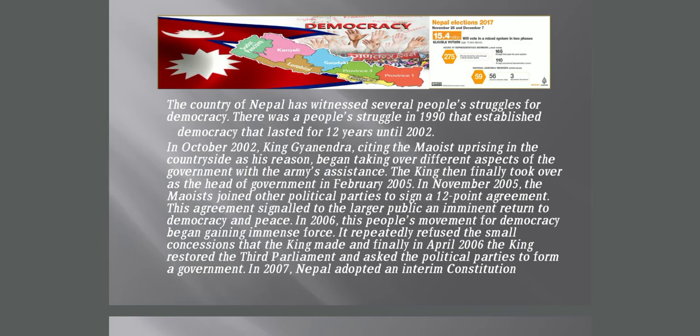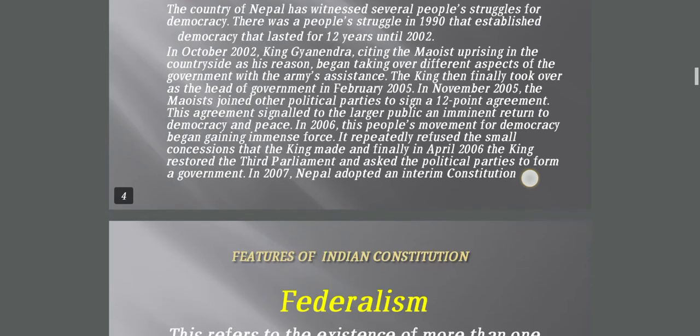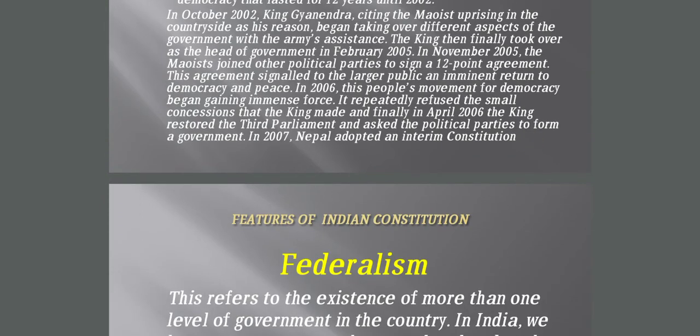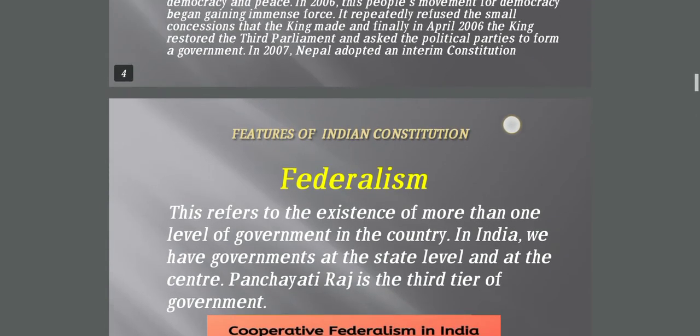The king restored the third parliament and asked the political parties to form a government. In 2007, Nepal adopted an interim constitution.